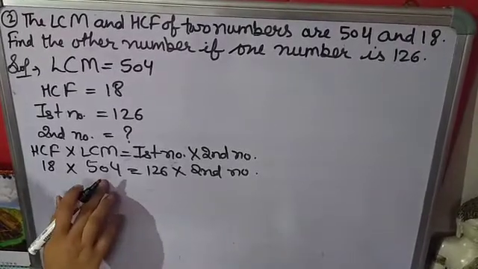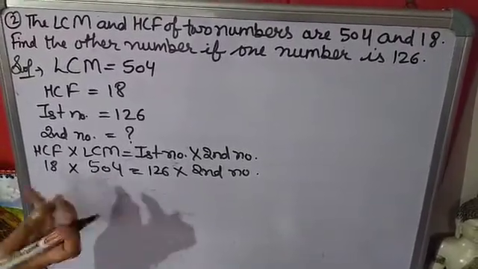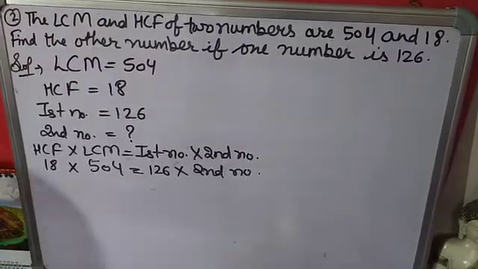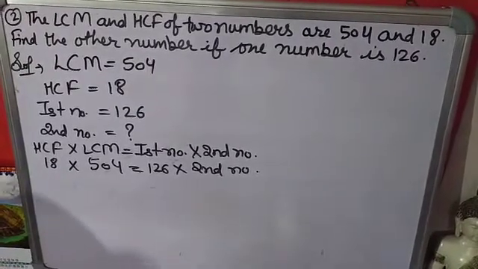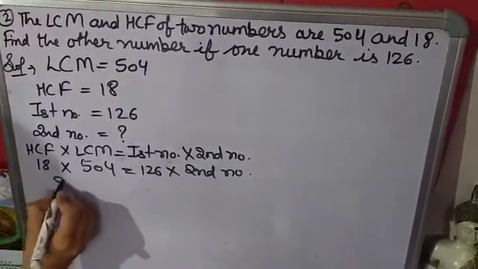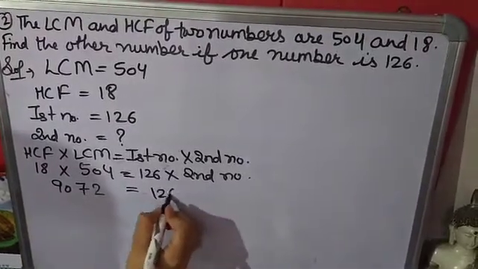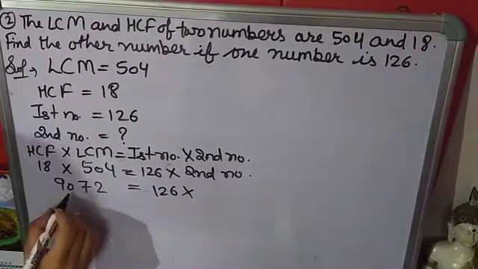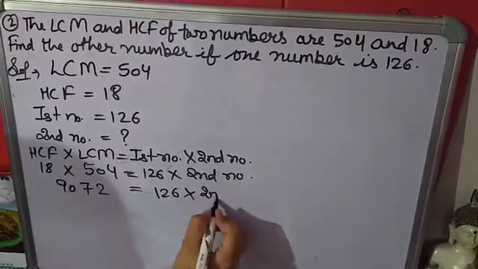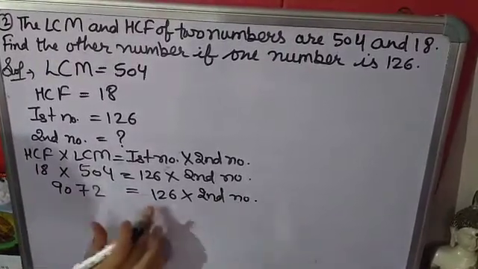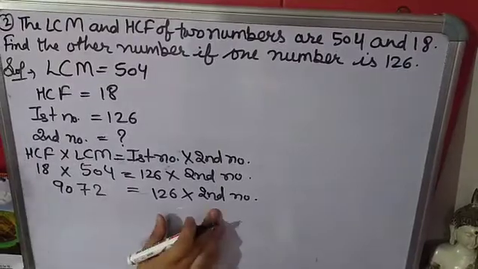Now we will multiply 504 and 18. When we multiply 504 and 18, 9072 will come. Now 126 will go there because we have to find second number.